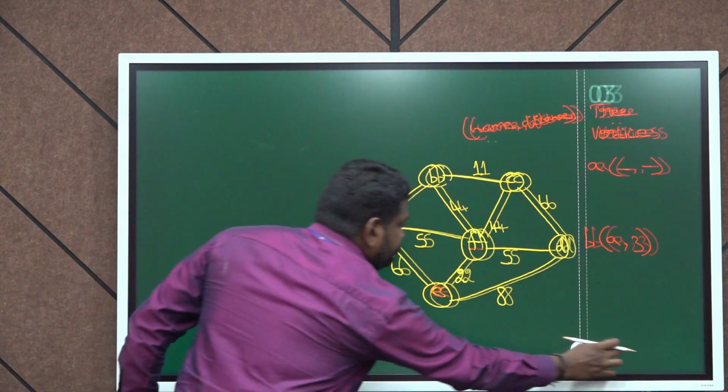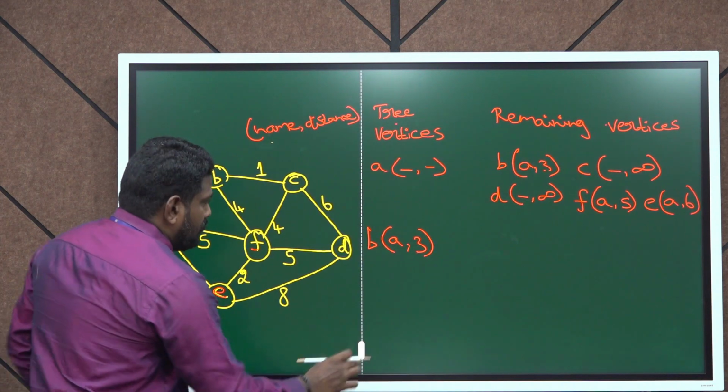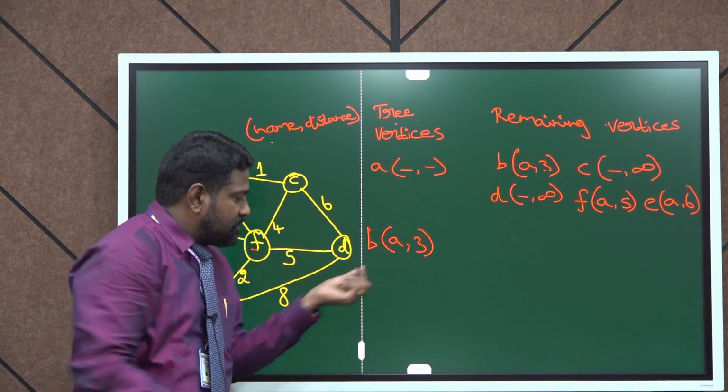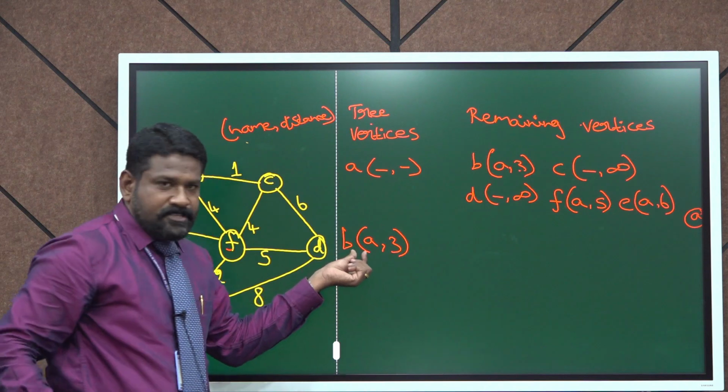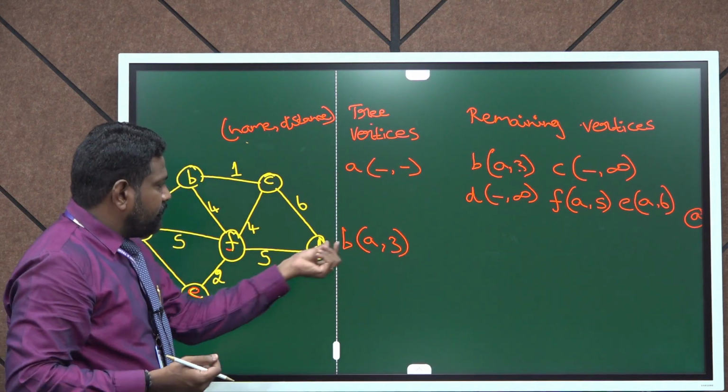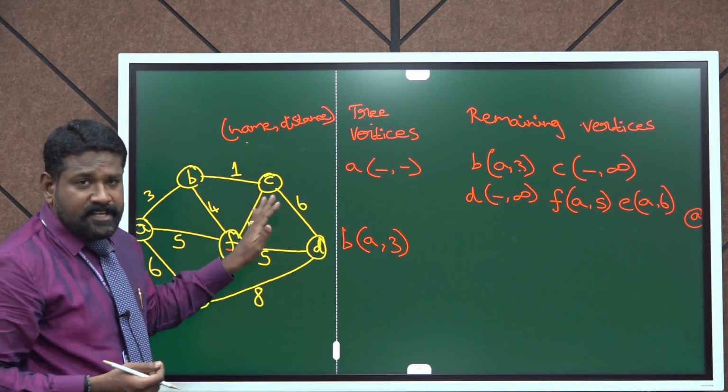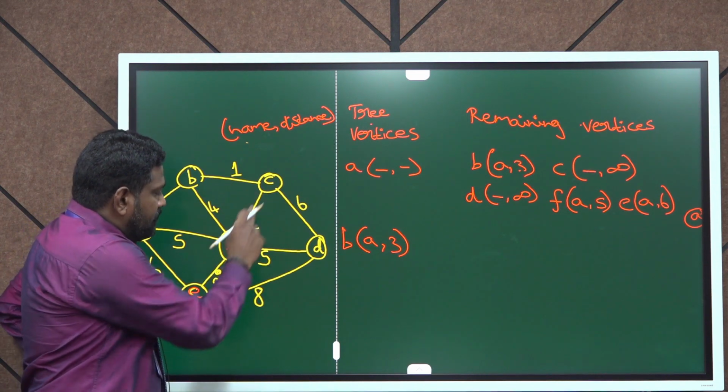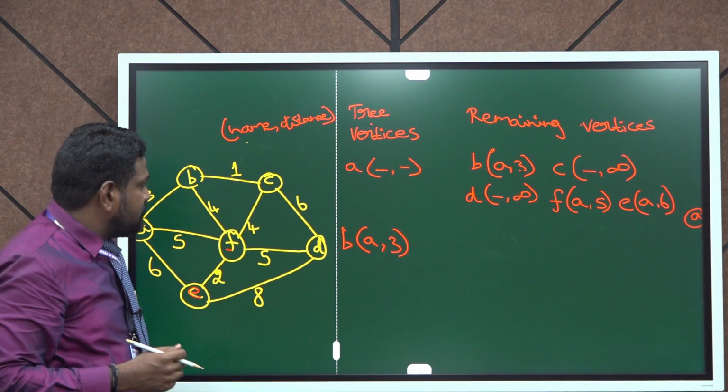So next, now we are going to repeat the process with B as the current vertex. From B we have to identify all the adjacent vertices. For B, C and F are the adjacent vertices.